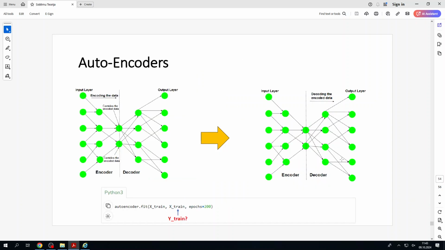Another important thing here is something called autoencoders. Now this is close to transformers, which is basically how ChatGPT works. But autoencoders basically replace things, you can think of it as some kind of encoding.